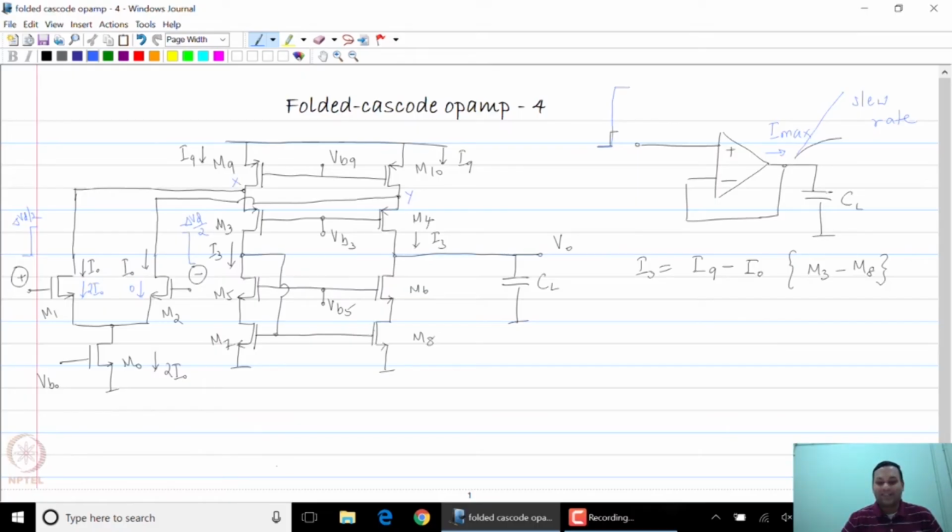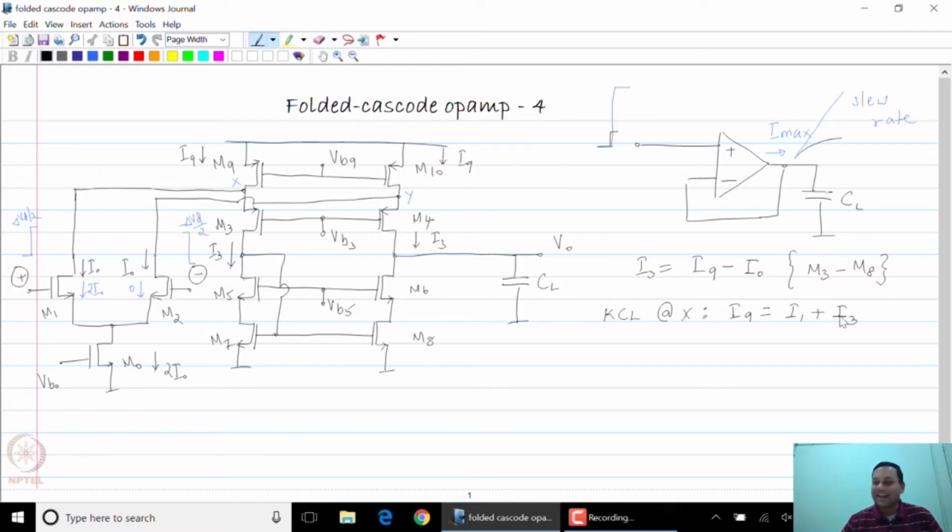If you look at node X, there is a current entering which is I9, and there is a current leaving which is equal to I3 plus I1. So KCL at X tells you that I9 is equal to I1 plus I3, where the subscripts denote the drain current of transistors corresponding to those numbers.